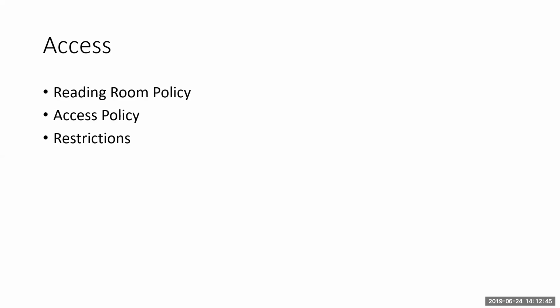But you can actually Google reading room policies for archives and find a lot of different ones. If you have a room for it, you should have a policy for what people can and can't do. Usually they do not allow food and drink in the room, and you usually do not allow more than a pencil, a paper, and maybe a laptop with the materials.